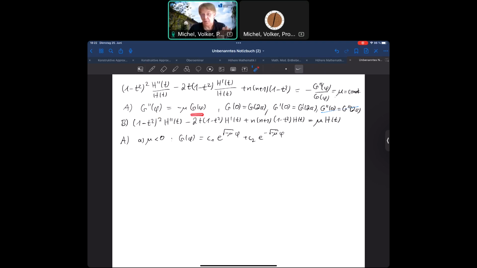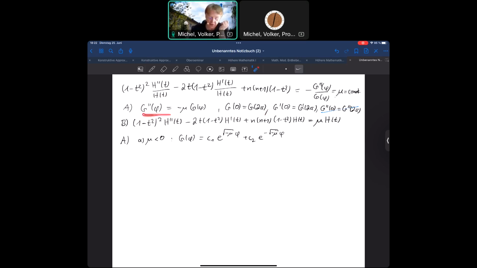But G of 2 pi gives you something about G double prime of 2 pi. So if you have a closer look, you see that the equation already gives you that, if you know this for G, then G double prime at 0 must also be G double prime at 2 pi, because it's just a multiple of G at 0 and 2 pi.